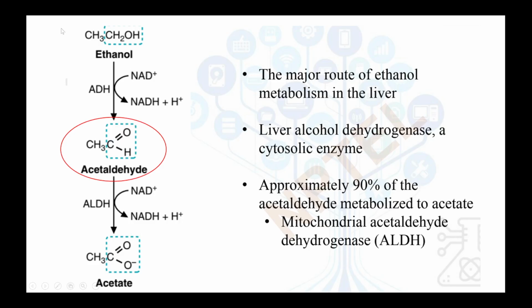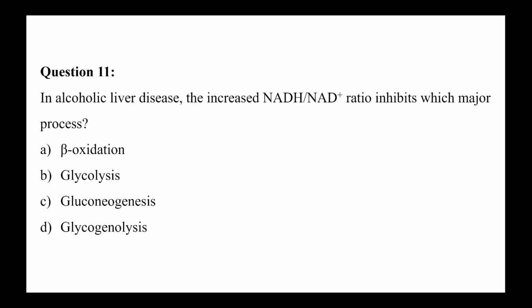Okay, and now I have mentioned that this step is happening in the cytosol, whereas the second step is happening in the mitochondria. So that means the cytosolic as well as the mitochondrial NADH concentration is going to increase. I hope that's clear. Moving to the next question.